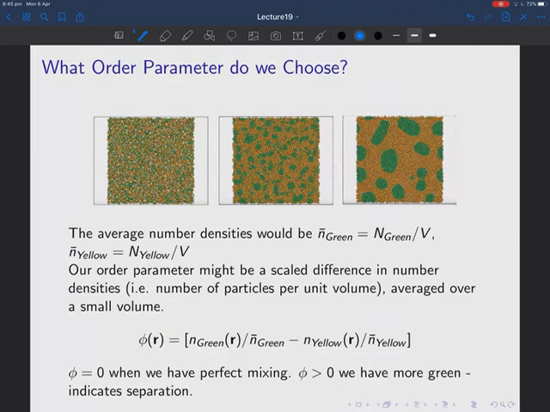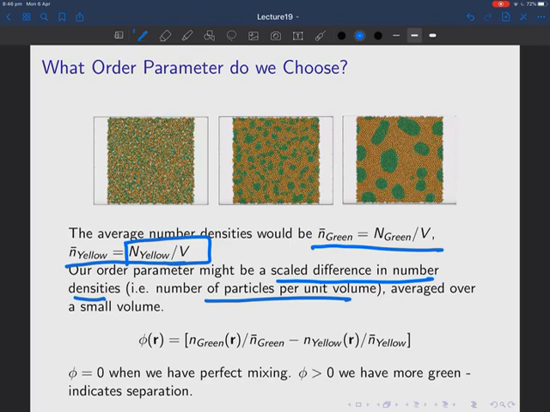So how do we describe this system? Well, we could use a density here. Let's define the average number densities: N bar green is the number of green molecules per unit volume, and N bar yellow is the number of yellow particles per unit volume. And our order parameter could be, not necessarily be, but could be a scaled difference in number densities, i.e. the number of particles per unit volume, averaged over a small volume.